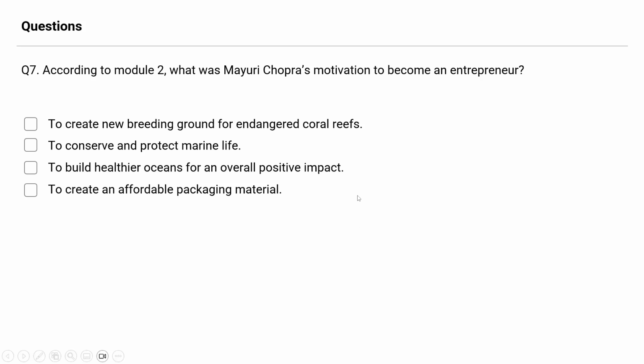So the question says, according to module 2, what was Mayuri Chopra's motivation to become an entrepreneur? What were the motivations that made Mayuri become an entrepreneur? The options are to create new breeding ground for endangered coral reefs, to conserve and protect the marine life, to build healthier oceans for an overall impact, and to create an affordable packaging material.